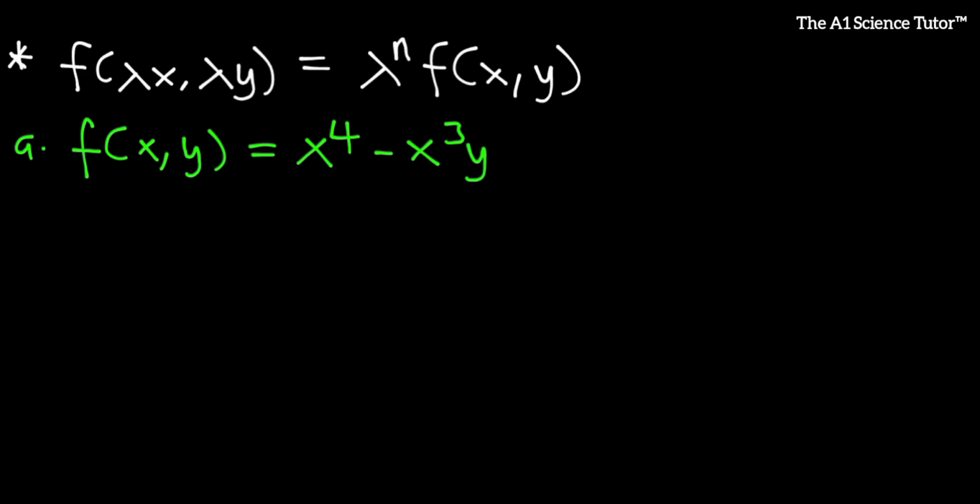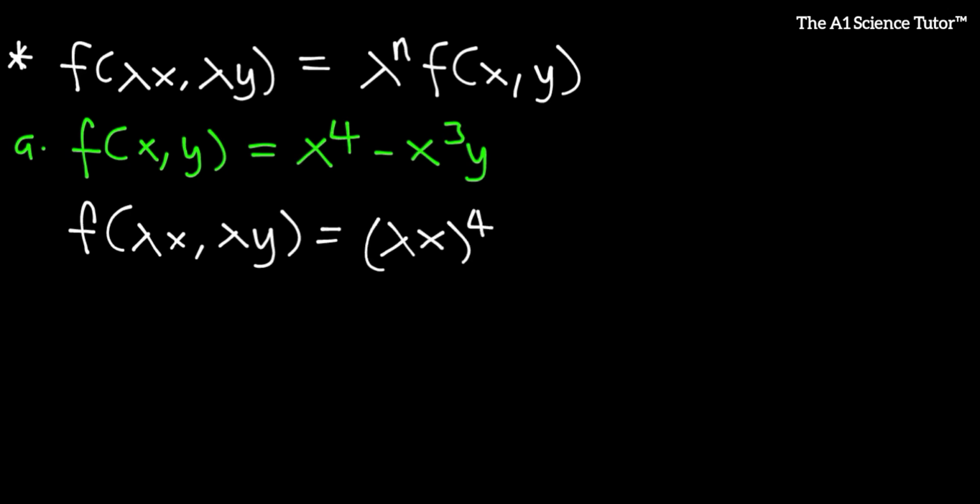So we're actually going to change these forms and introduce a lambda x and a lambda y. So that is now going to be f of lambda x comma lambda y. And so x here should actually be changed to lambda x. So this is going to be lambda x raised to the fourth. And here we're going to have lambda x to the third, and for y, we would have lambda y.